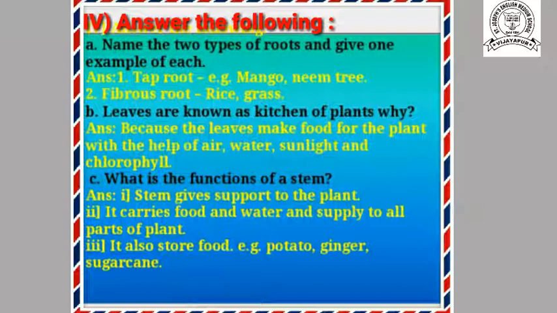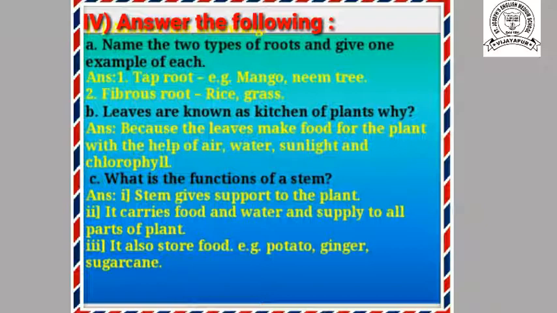Because leaves prepare food, they make food, that's why they are called the kitchen of the plant. And that process, when the plants prepare food with the help of air, water, sunlight and chlorophyll, is called photosynthesis.